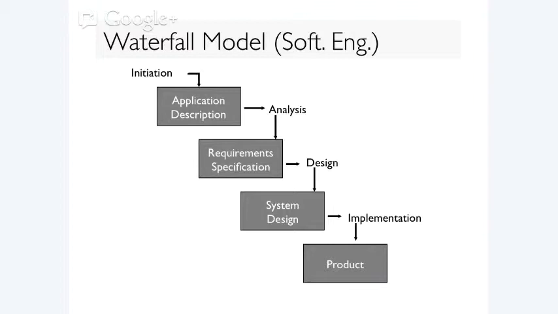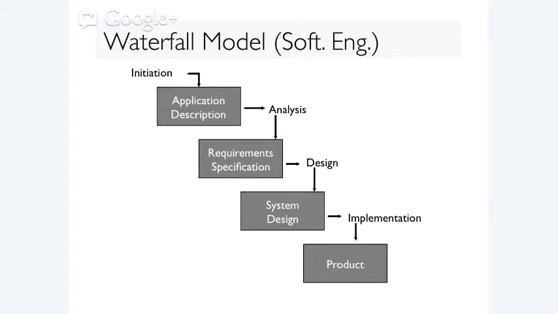Now, there are some good aspects and some reasons why this model was presented as how software engineering should happen. It says you start with a description of what the application should do. That leads you to specify requirements. Then you do the design. And then you do the final implementation.